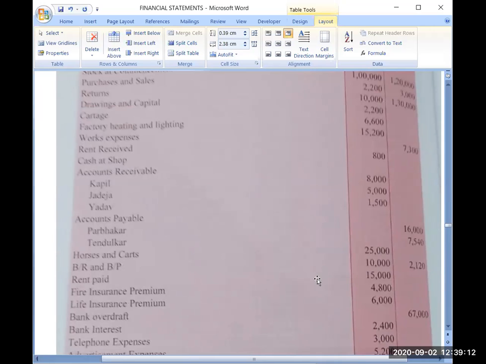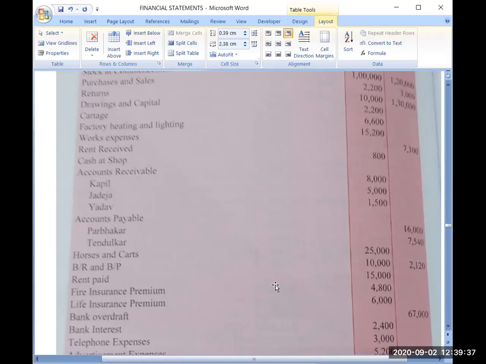Same is the way for accounts payable. Can you tell me what can be accounts payable? What will be the other term for accounts payable? Yes, it is creditors. Fine.